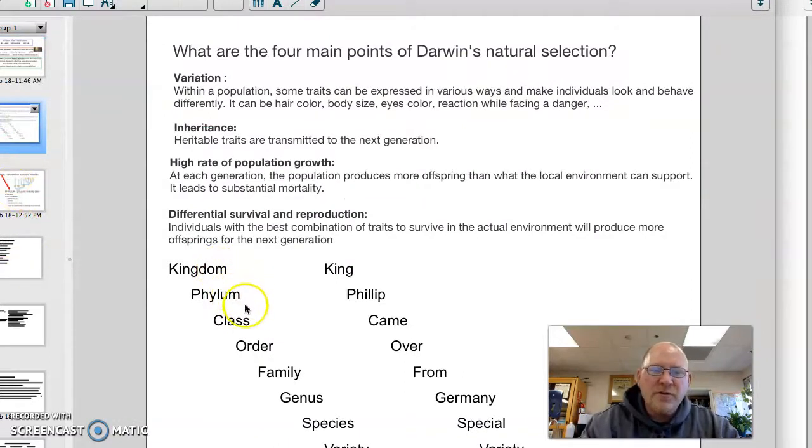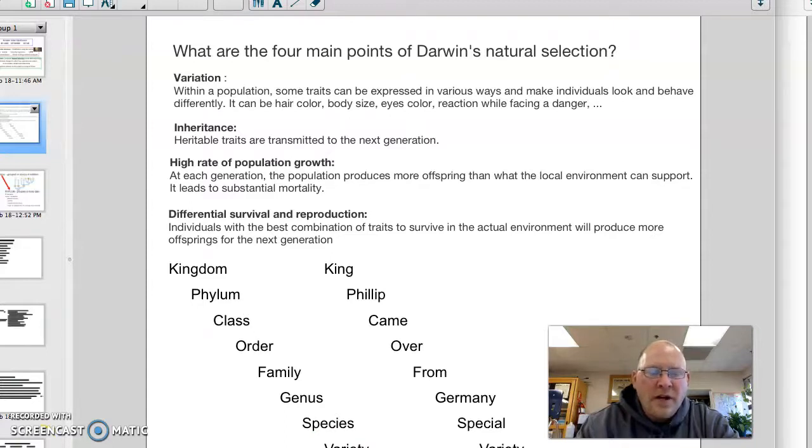Each level that you go down in this sequence, you come closer and closer to specifically identifying each particular organism from every other organism on the planet.